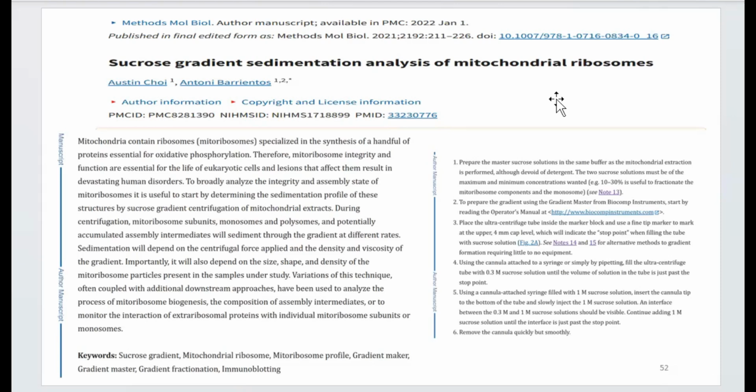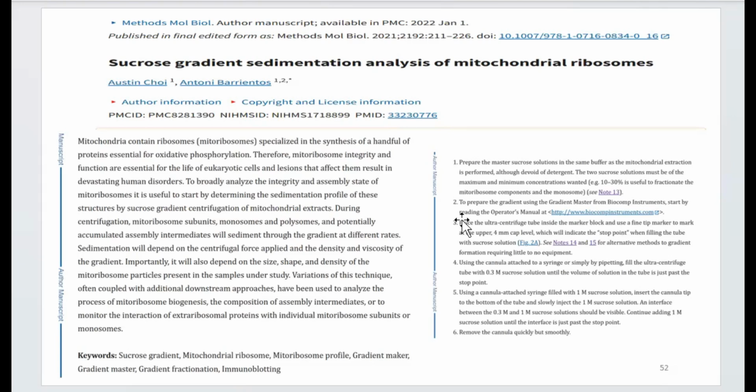But mitochondria have some set of ribosomes which are involved in synthesis of certain selective proteins essential for the oxidative phosphorylation process which occurs in the mitochondria. If you want to separate this particular fraction, you can take help of density gradient centrifugation.